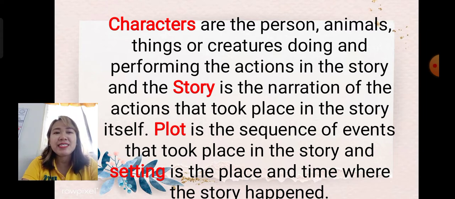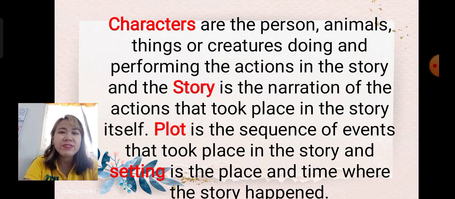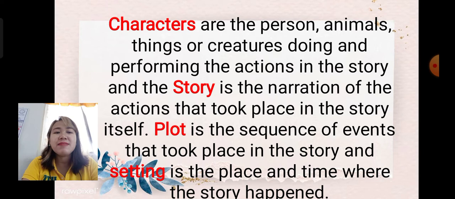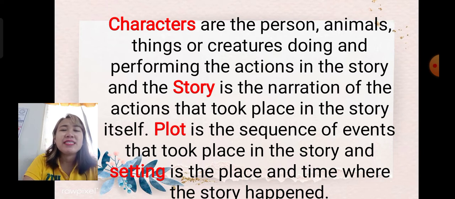So, that took place in the story itself. And of course, the plot is the sequence of events that took place in the story, and then the setting is the place and time where the story happened. So, that's the meaning or the function of each element of the story.